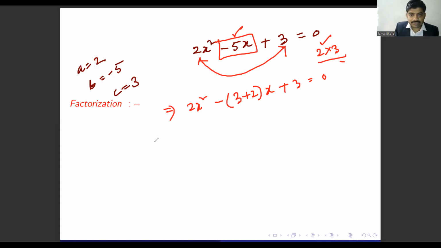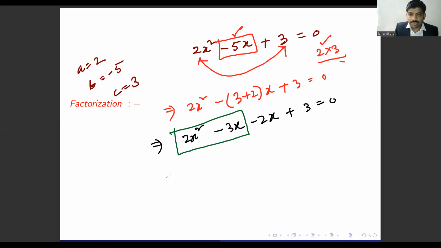Now let's solve it further. So 2x square minus 3x minus 2x plus 3 is equal to 0. Now here you can see from the first two, what is common? x is common. So let's take x common. So you are getting 2x minus 3. And from the next two, I will take minus 1 common.